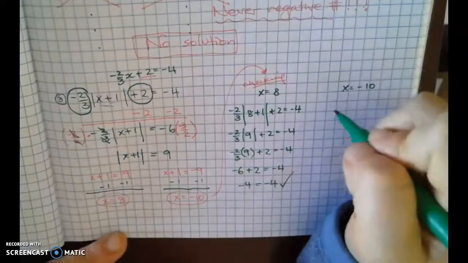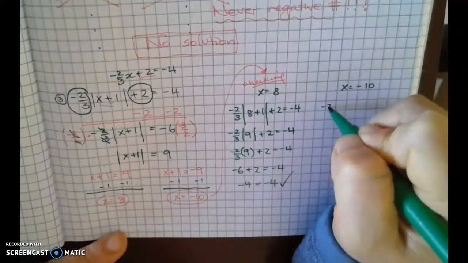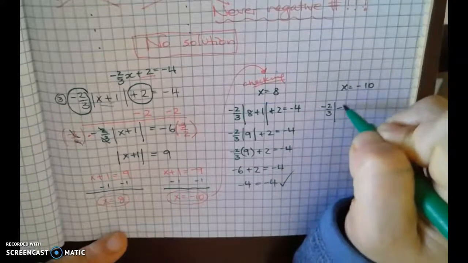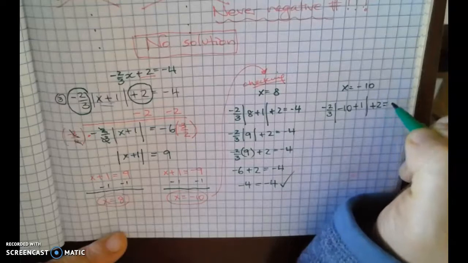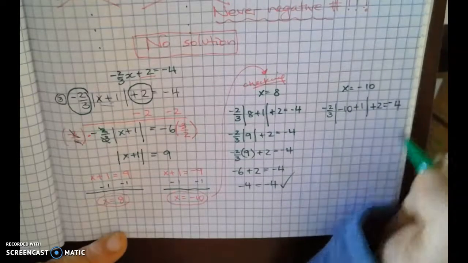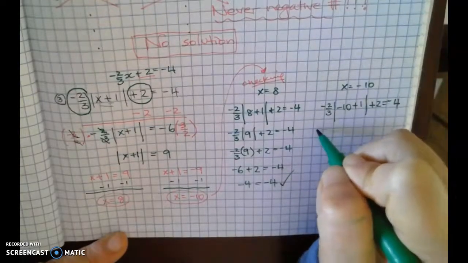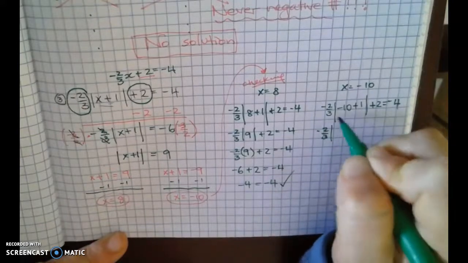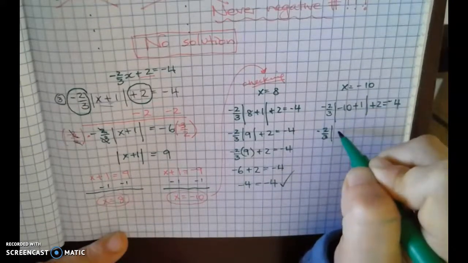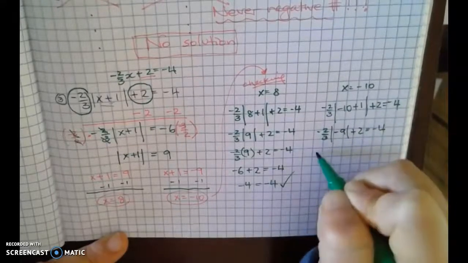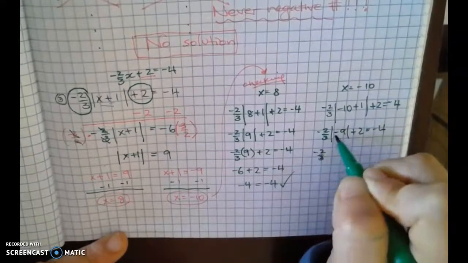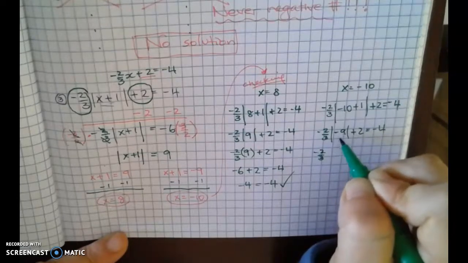All right, what about negative 10? So it's going to be negative 2 over 3, absolute value of negative 10 plus 1, plus 2 is equal to negative 4. Negative 10 plus 1, that's going to be negative 9. What is now the absolute value of negative 9?